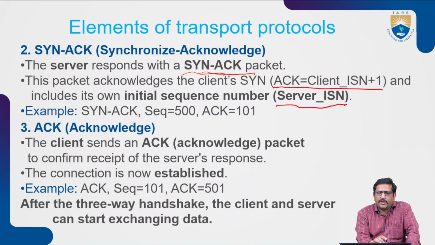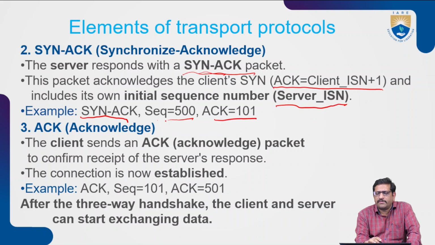For example, once the server machine has received the synchronization signal from the client machine, it immediately responds with the synchronize-acknowledge signal. The synchronization value is 500, and the acknowledgement is 101.